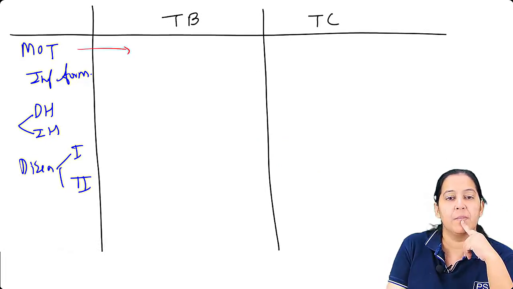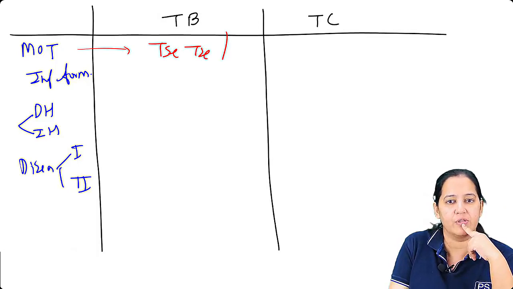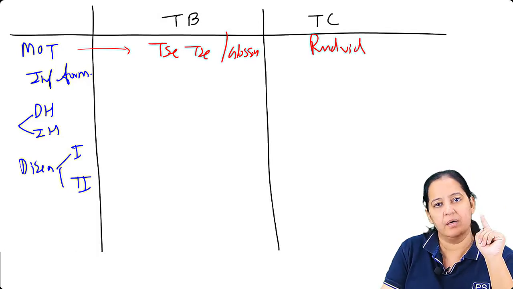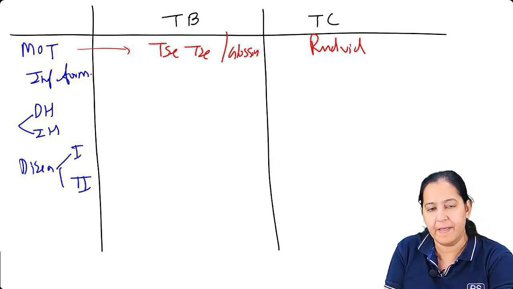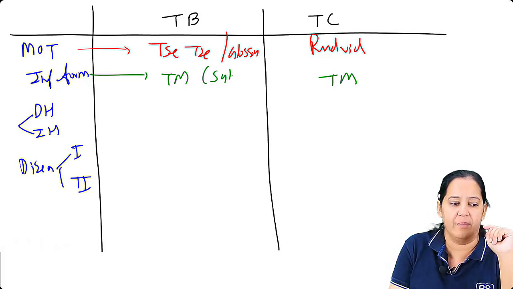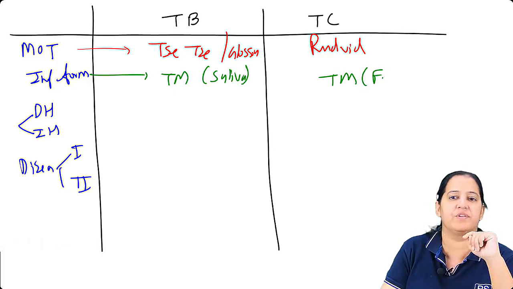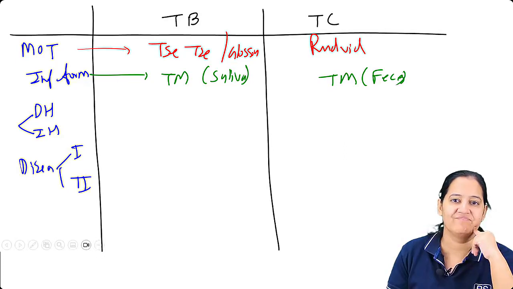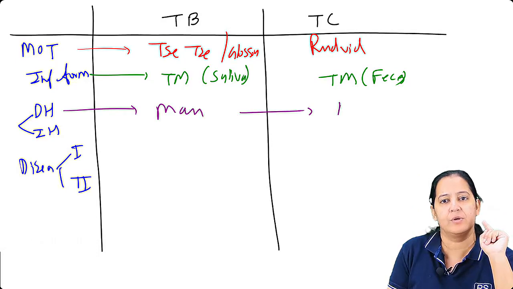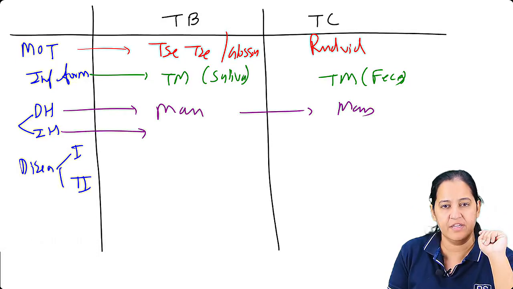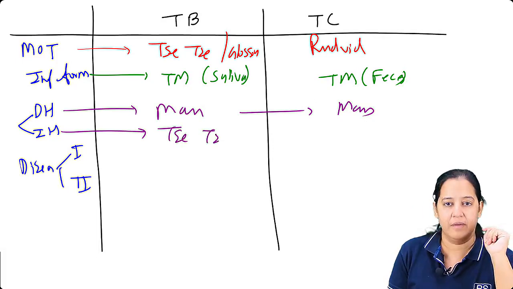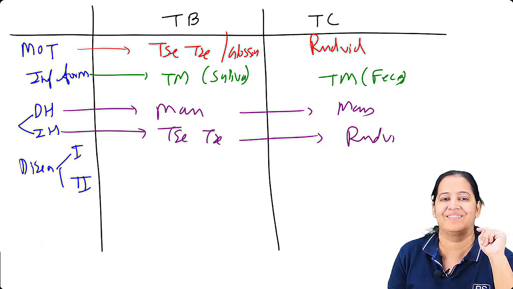Mode of transmission: bite of tsetse fly, also known as Glossina. Here the mode of transmission is Rudwig bug. In the bracket, the infective form is trypomastigote. Here trypomastigote is present in the saliva, I would have written it in the chart. Here trypomastigote is present in the feces and it occurs by rubbing. The definitive host in both of them is man, but the intermediate host is different. Here the intermediate host is tsetse fly and here the intermediate host is Rudwig bug. Okay, the diseases.